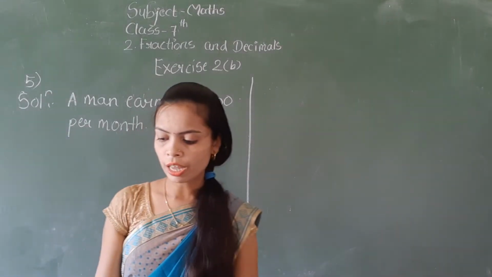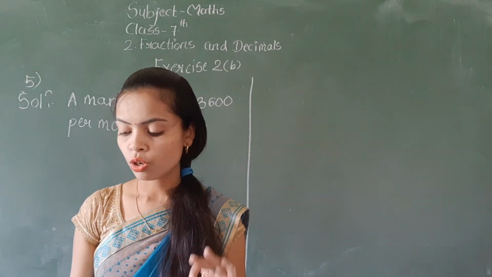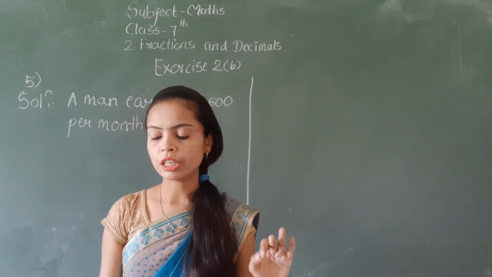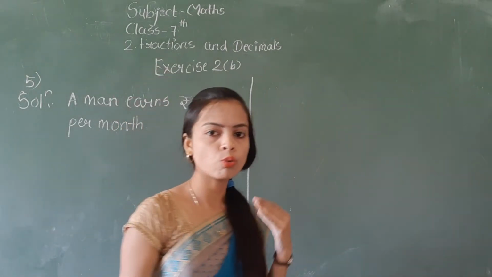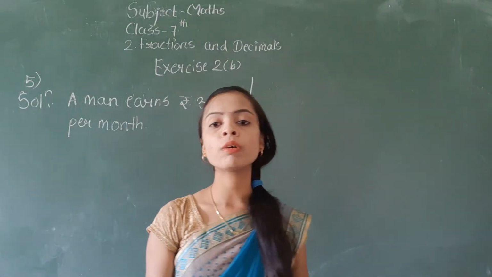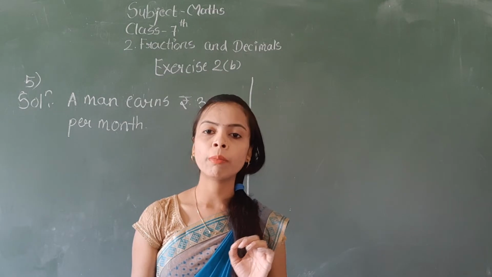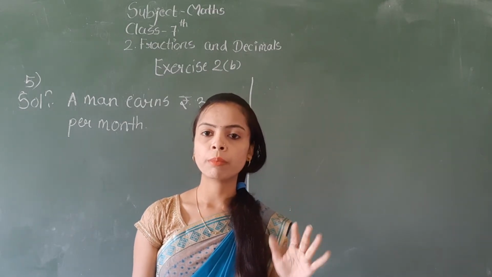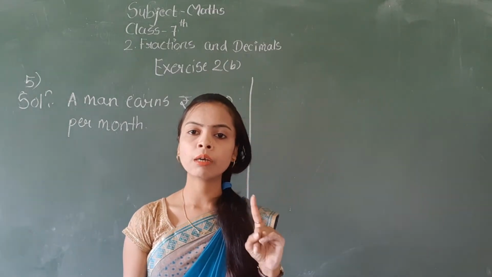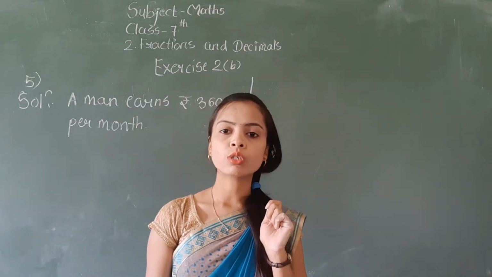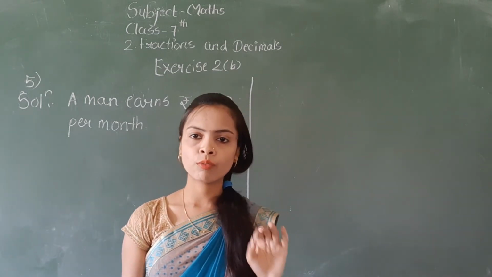Now after that, if he saves 1/9 of it per month, उसने जितना उसका अर्निंग है, that means how much he earns in a month, he saves 1/9 of his payment. उसको जितना पेमेंट एक मंथ में होता है वो उसका 1/9 सेव करता है.